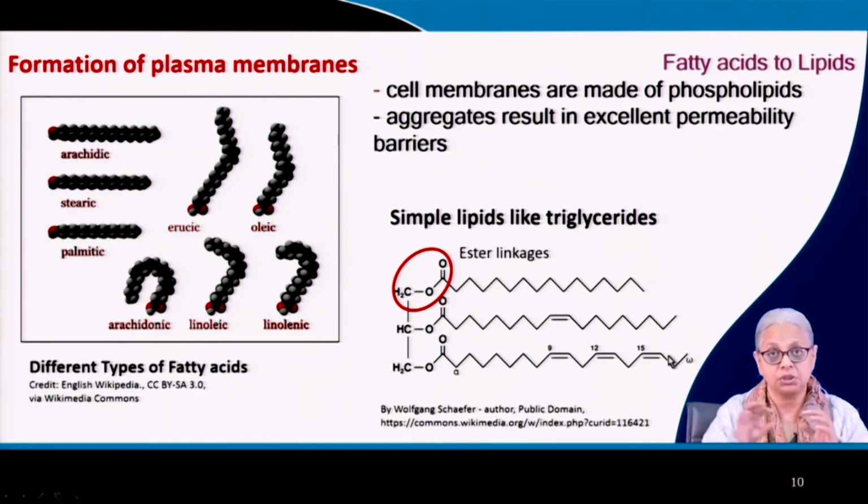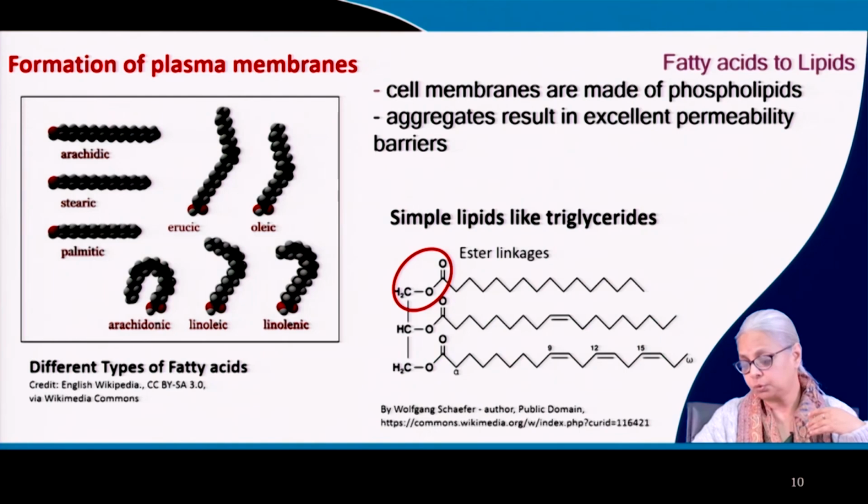You can see these long chain fatty acids in this particular graphic, and these fatty acids are linked to the glycerol by ester linkages. These are some of the fatty acids that can be part of the plasma membranes, and they vary in the number of carbons in each, from C16 to C18 or even more.